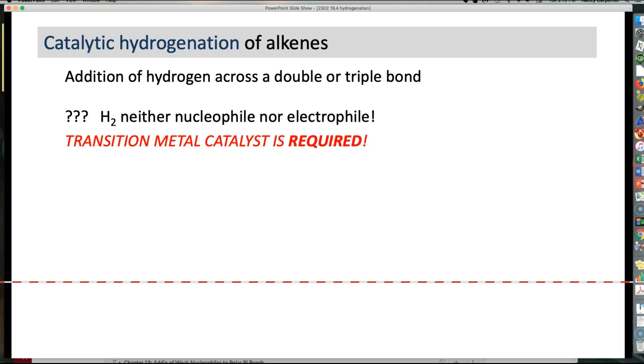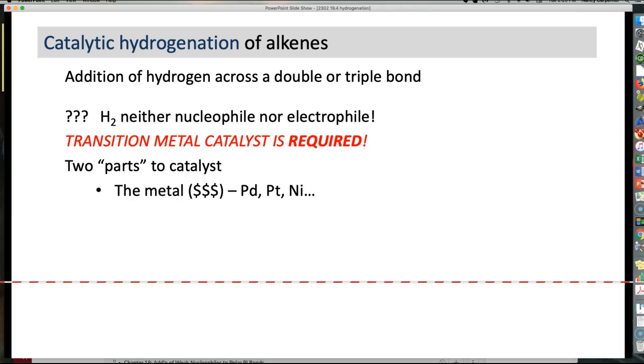Basically hydrogen is pretty much an inert gas, except it likes to combust and it likes to react with transition metal catalysts. So this is a funny reaction in that we really don't get to push arrows at all. There's not really a mechanism that we can look at, at least not in this class. So instead we focus on a macro, micro, physical picture of what's going on.